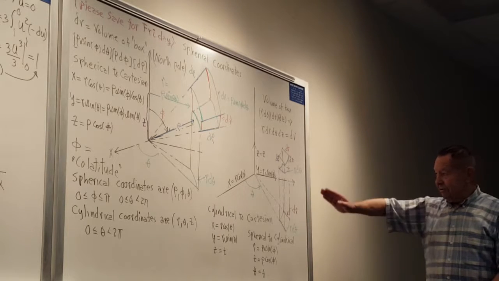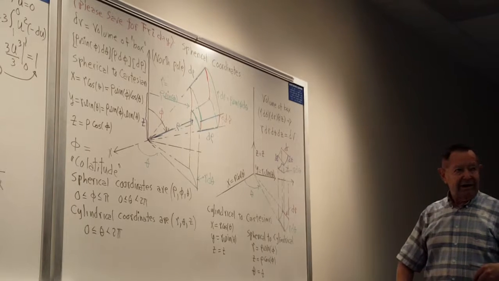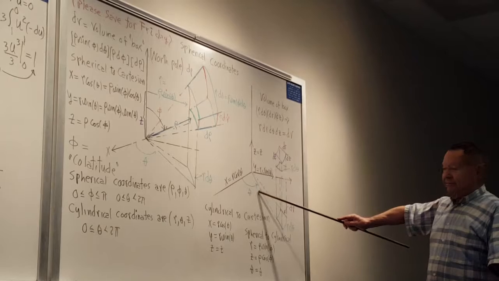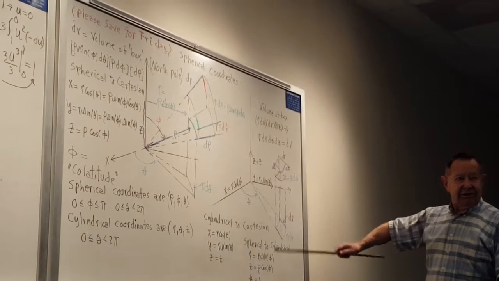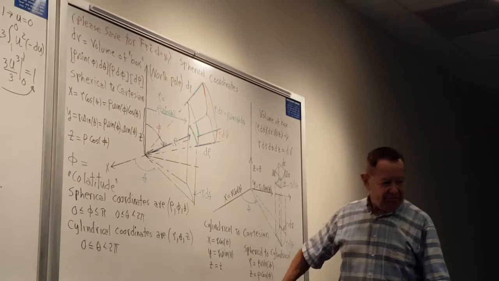And of course, you could go either the way I've shown or in the opposite direction, but this would be the positive direction for theta in cylindrical coordinates. The second picture.